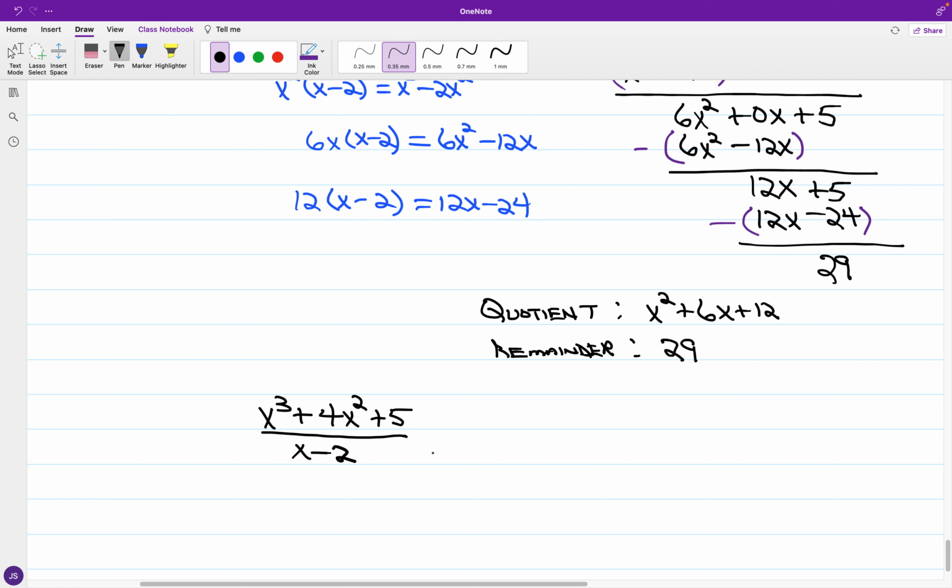And just putting in terms of expanded quotient plus remainder over divisor notation. Okay, so for this ratio, we have with the quotient x squared plus 6x plus 12, and then we have plus 29 all over x minus 2.